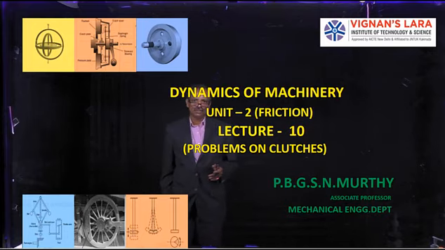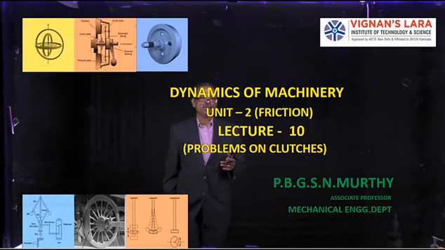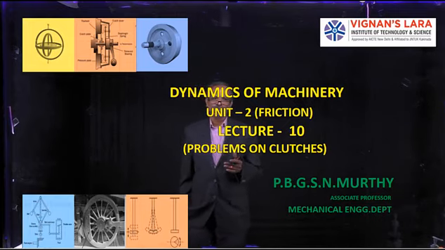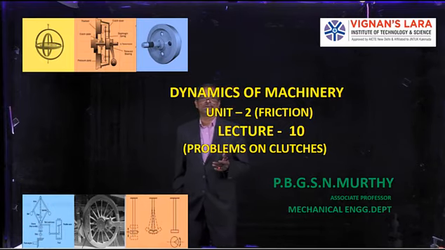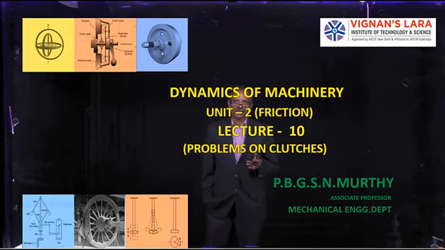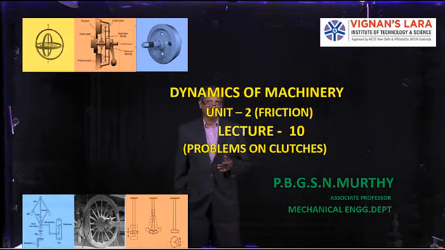As we stated in the last lecture, I am repeating the same thing once again. For clutches, what theory is going to be applied? Which theory is preferable, and why is that particular theory applicable? For clutches, it is always preferred to use the uniform wear theory. Why?